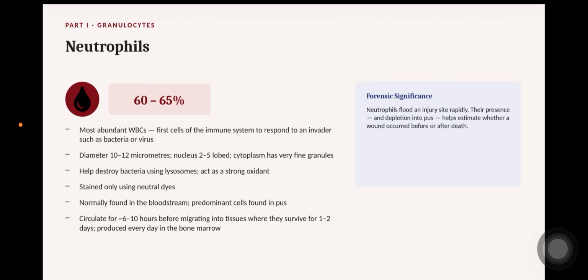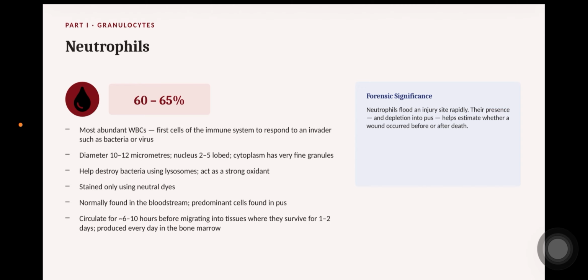Forensic significance here is neutrophils flood an injury site rapidly. Their presence and depletion into pus helps estimate whether a wound occurred before or after death. This is because of their presence in the pus cells, and pus is formed when the body is in the healing stage.